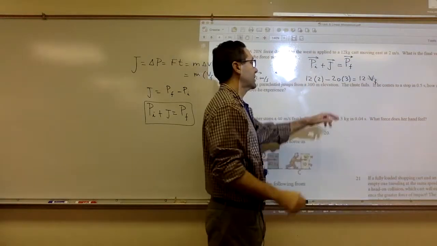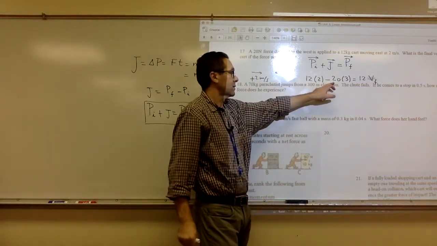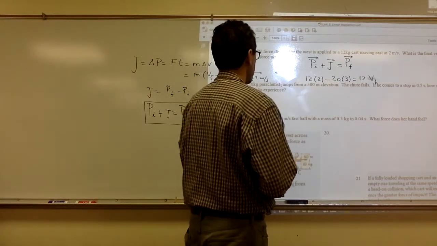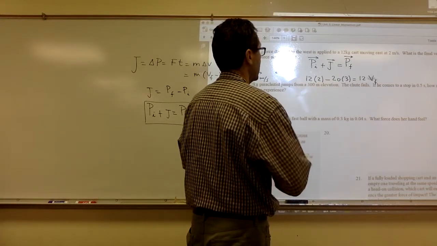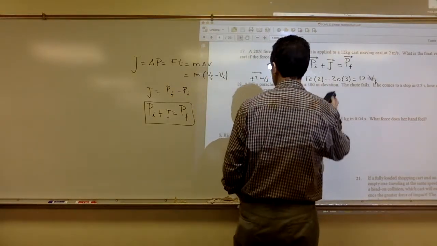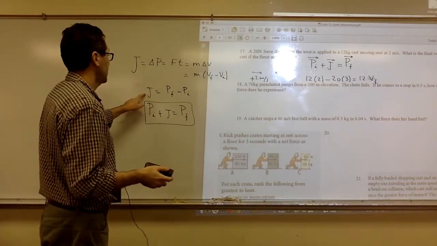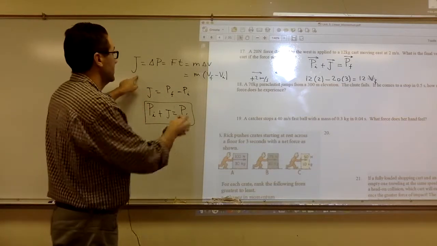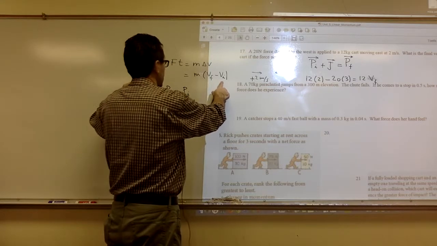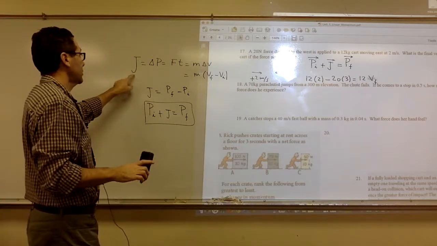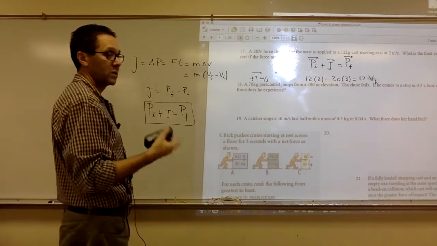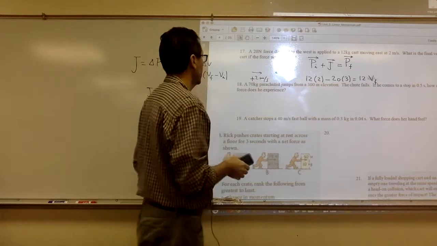Now, if you put a plus here, you will get a velocity that's higher, which doesn't make sense. Another way you could do this, you can just say J is m times Vf minus Vi, and you should get the same answer. The only thing you have to be careful with is to make this a negative, because the force is opposing the motion.